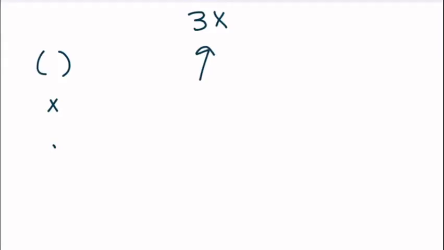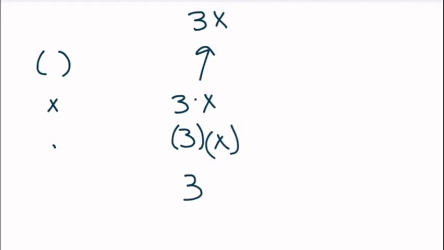If there's no sign in between these two different values, that means that it is multiplication. So this is another way of writing 3 times x. But for the sake of confusion, we don't really use the multiplication sign with variables because it resembles an x.